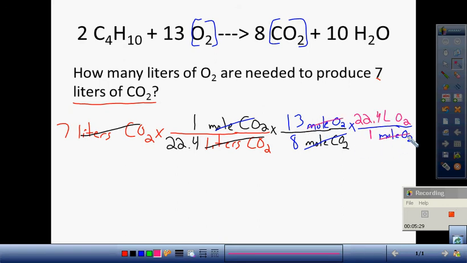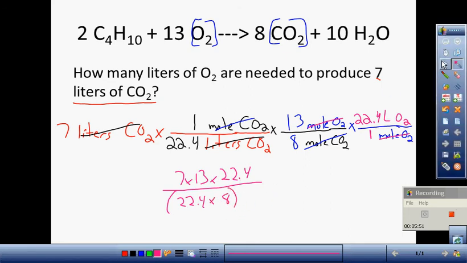I cross off my like units, and then I'm going to multiply everything across. Okay, I'm in liters of O2. The question says liters of O2, and I'm done. So I have 7 times 13, over 8, times 22.4. I'll use parentheses on my calculator, and I'll get my answer there.